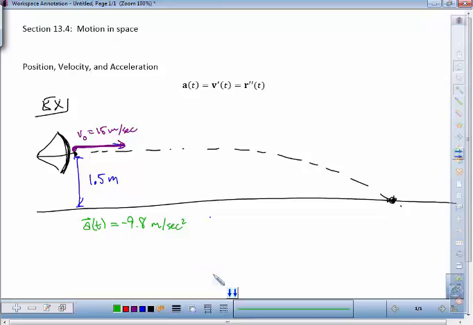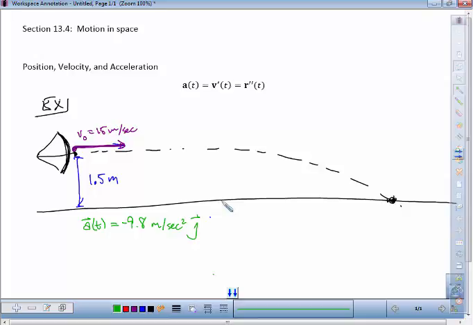Since we are talking about this in 2 dimensions, the down gravity gives it the up and down direction, so that's the j direction. So we can put this in a 0, negative 9.8 vector, or we can just write negative 9.8 meters per second squared in the j direction. And that should be enough to provide our acceleration. Okay?